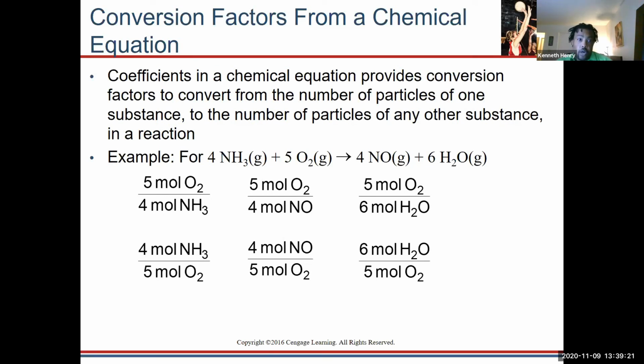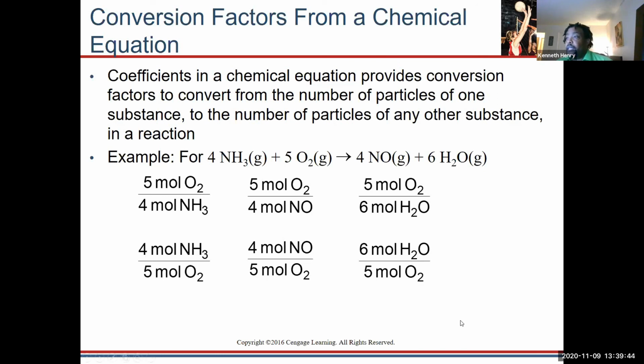Or if I know how much ammonia I have, I can calculate how much nitrogen oxide I can make. Or I can calculate the amount of water I can make, all by ratios.